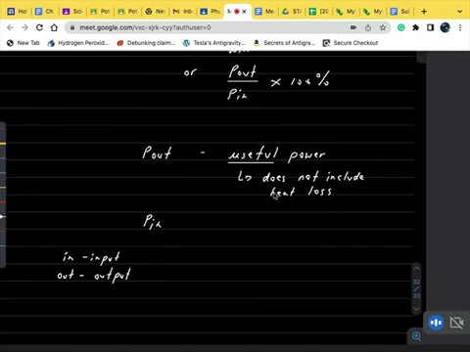Okay, so back to P in. Again, you could just replace the power with energy or work. It's the power that includes the heat. Due to what?